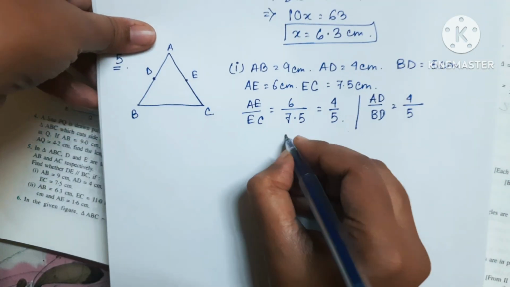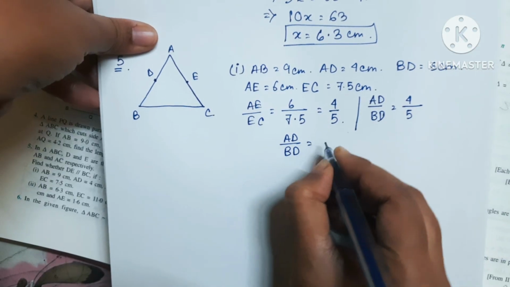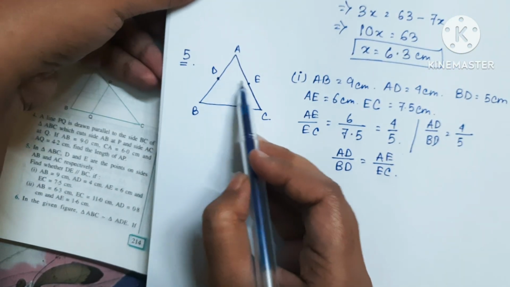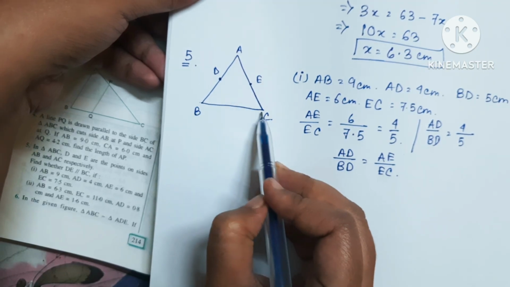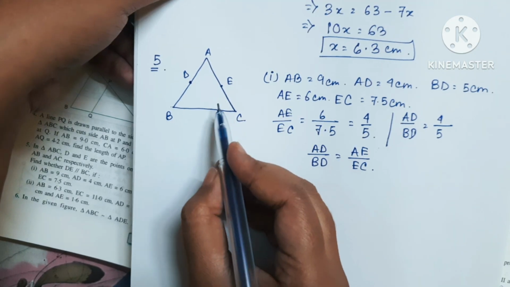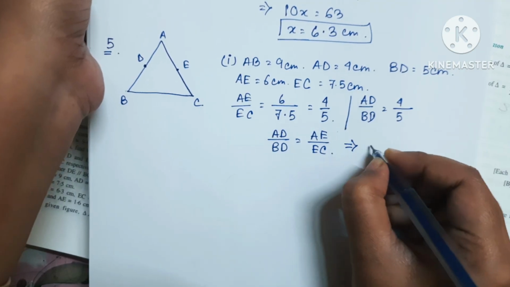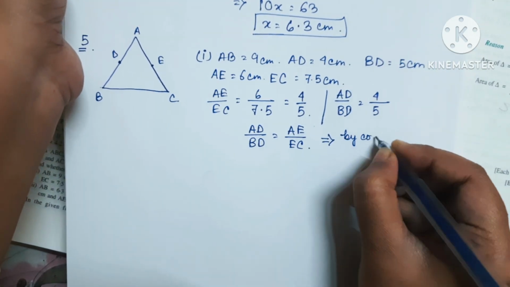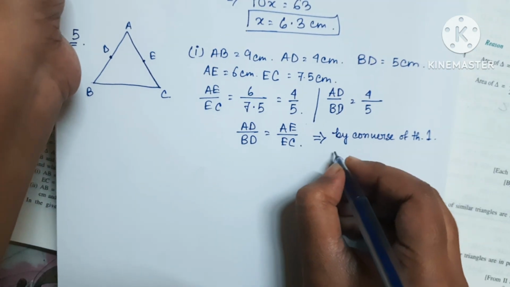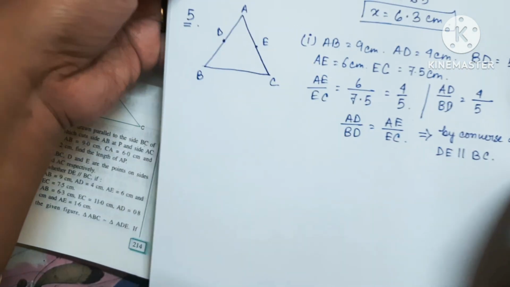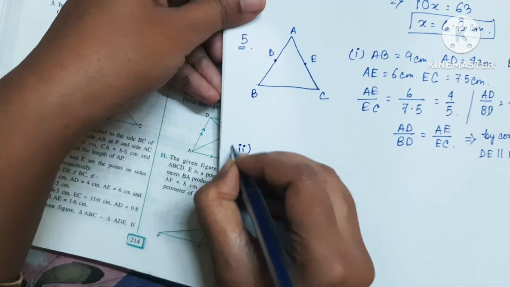So here AD by BD is equal to AE by EC. That means DE divides AB and AC in equal proportion. So by converse of theorem 1, you can say DE is parallel to BC.